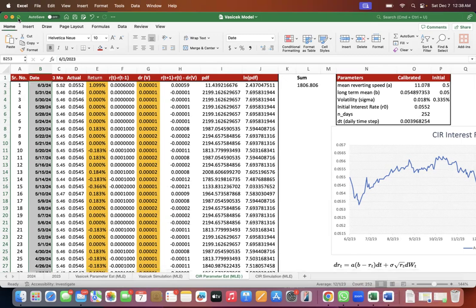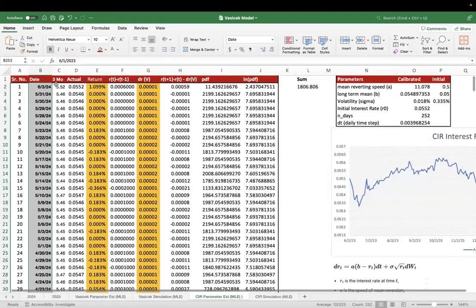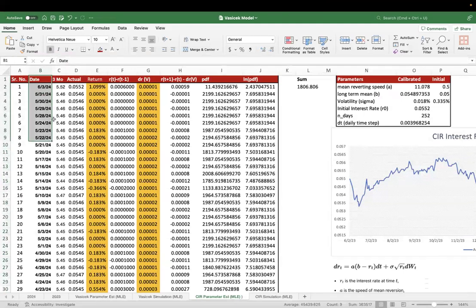So basically I have considered the last 1 year of data. This is the 3 month data, as I've told you, since we are trying to model the 3 month interest rates. The first value is 5.52%, so I thought, let's convert it into decimal.